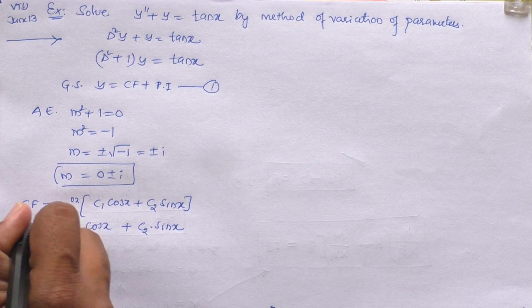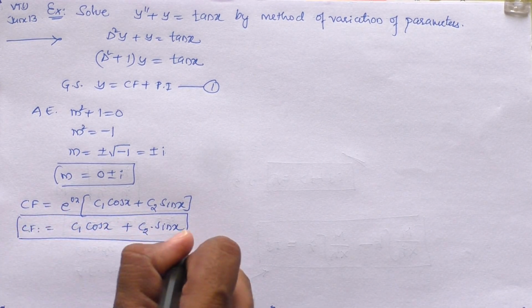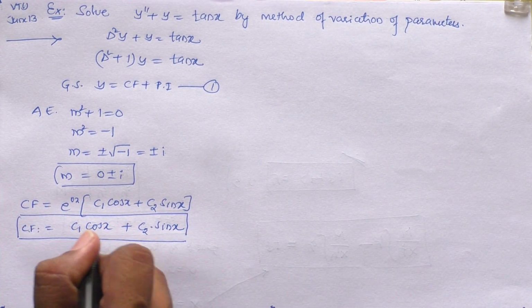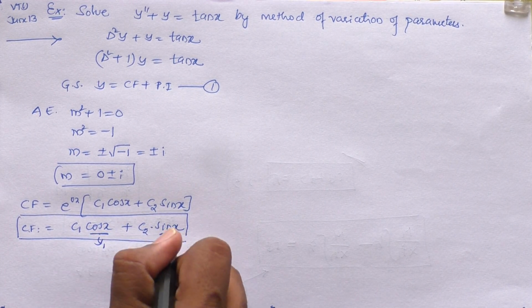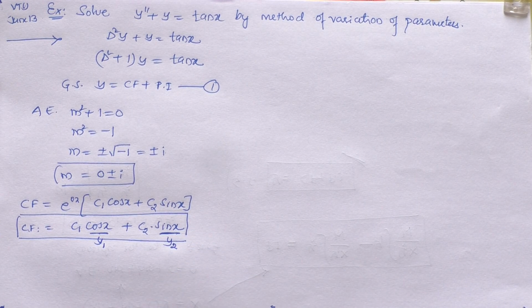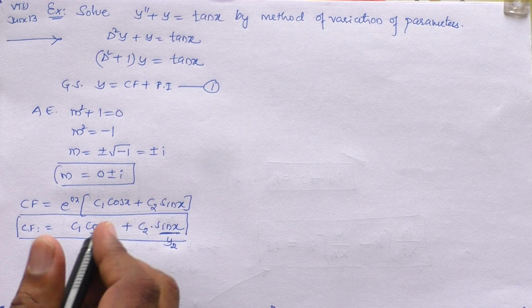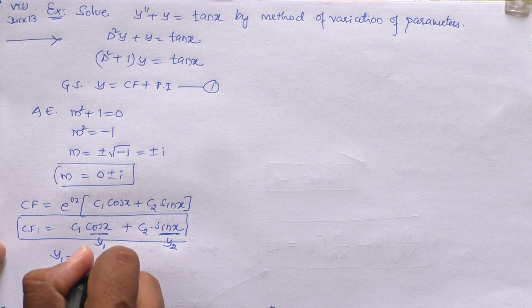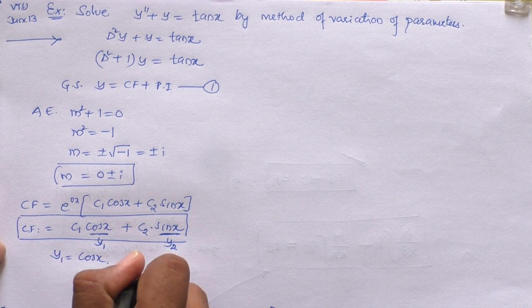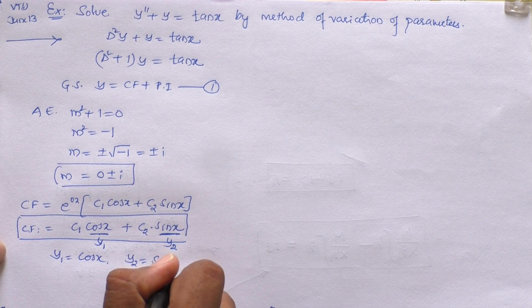So whatever solution we got, the multiple of c1 is denoted by y1, the multiple of c2 is denoted by y2. So once you identify y1 and y2, here y1 is cos x, y2 is sin x.